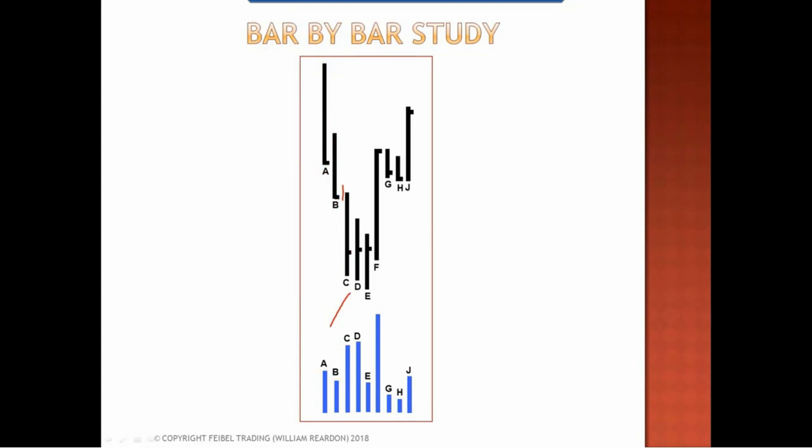Now we come to D. What do we note about D? Well, it has a smaller spread than C with higher volume. That closes mid-bar. So we have higher volume with no downside progress. Think logically. Just think deep about this action.